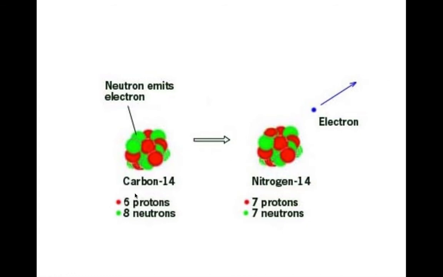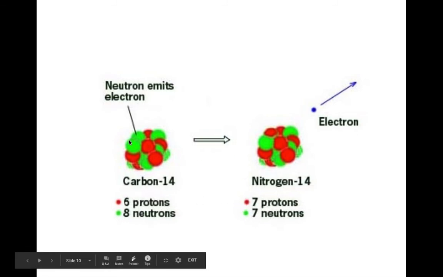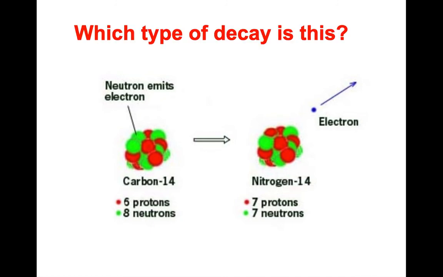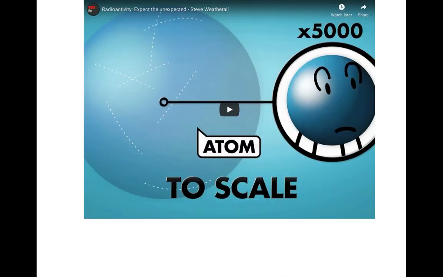So carbon-14 transmutates into an element that has 7 protons now because of that change, and 7 neutrons, making it nitrogen. Nitrogen is the element that has 7 protons. Its mass is unchanged, and that's a beta decay.